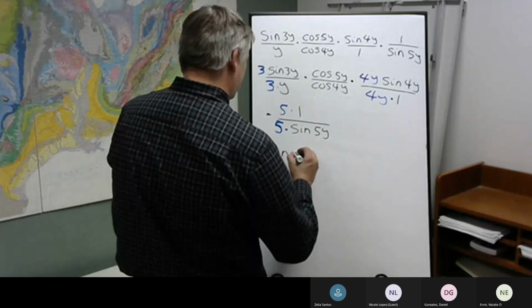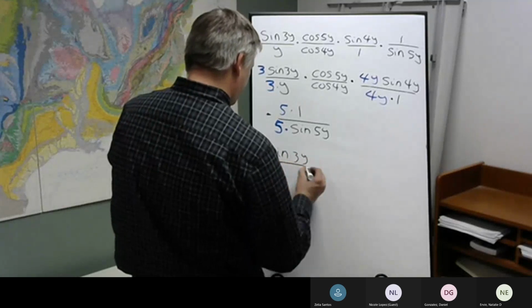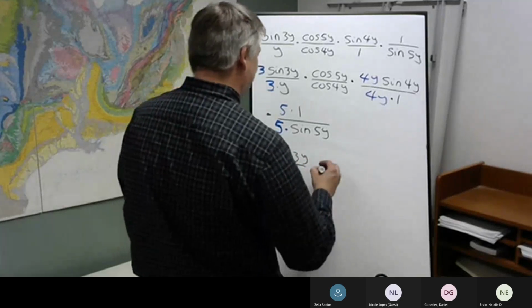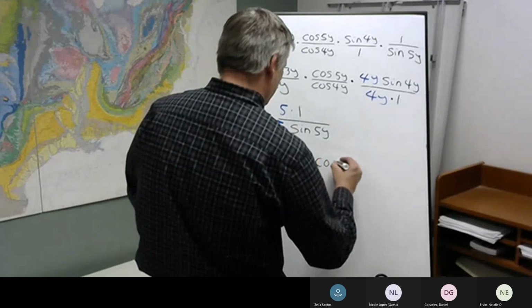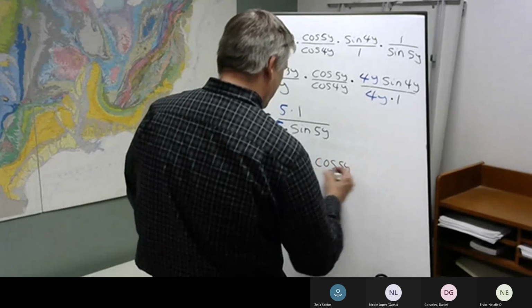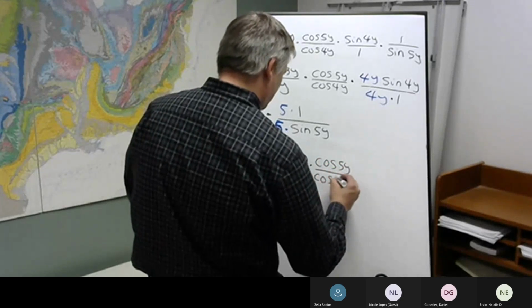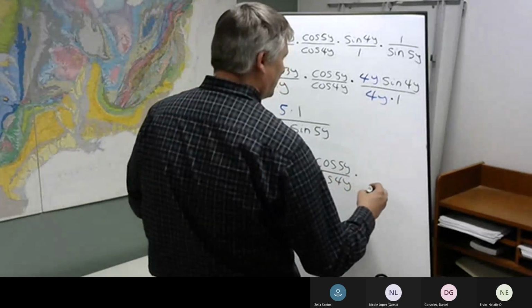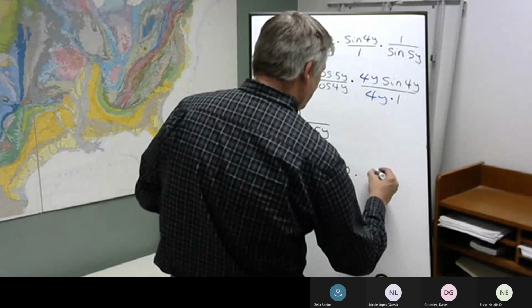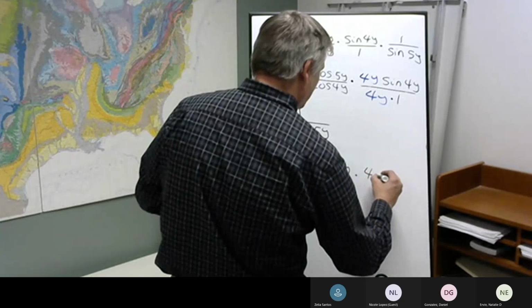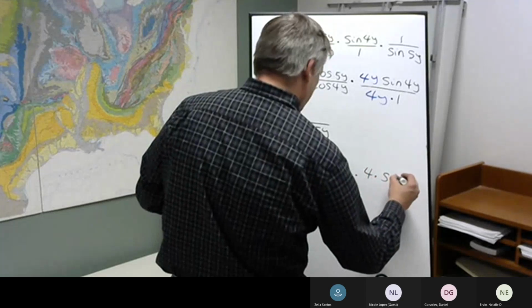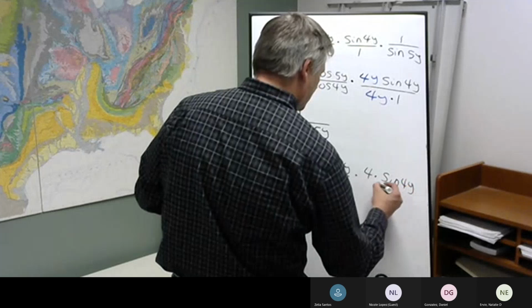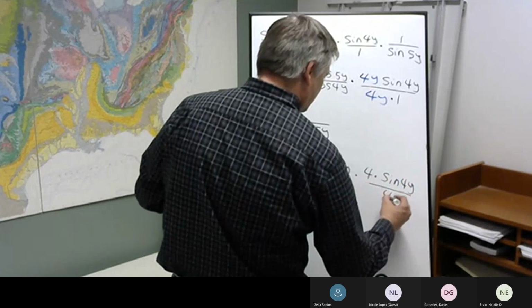3 sine 3y over 3y. Cosine 5y, cosine 4y. And then this one will be 4 times sine of 4y over 4y.